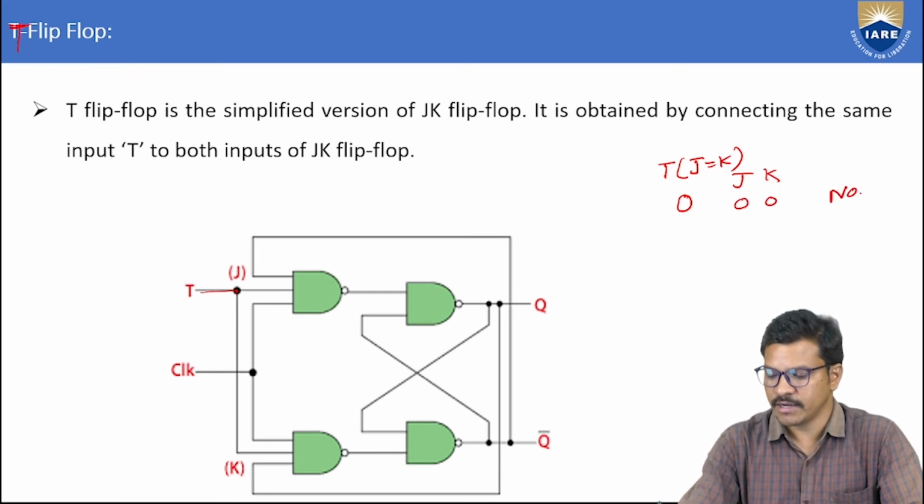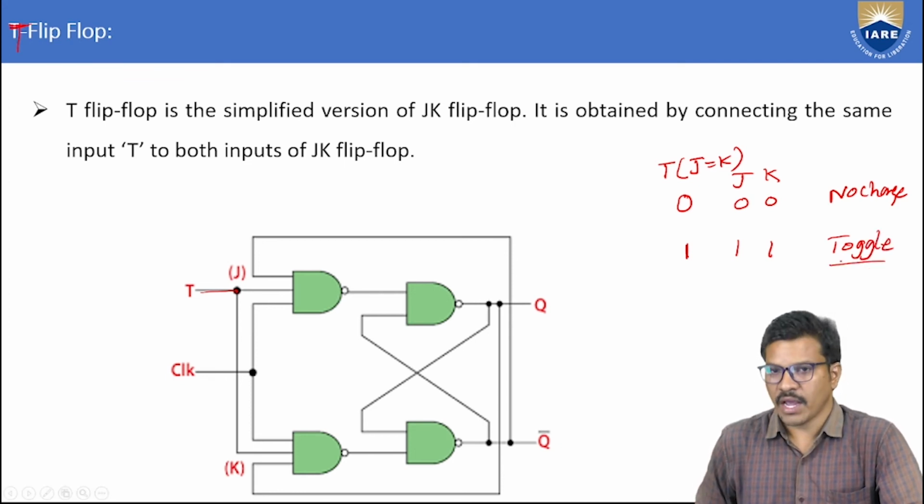No change condition. When T is equal to 1, J1 K1 means toggle condition. So we have only two options. When T is 0, unchanged; when T is equal to 1, you get toggle output.